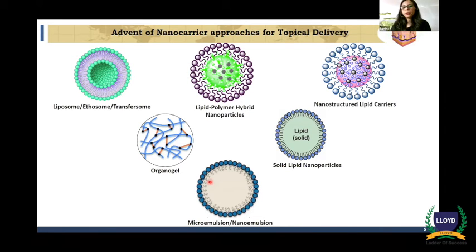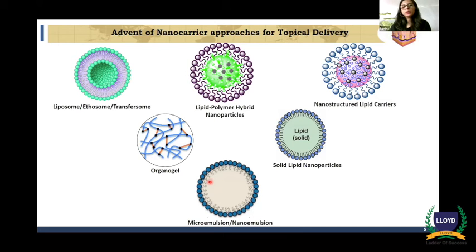We can see a number of products available in the market, including some vitamin C formulations as well as antioxidant formulations which are based upon liposome or other vesicular strategies. So this nanocarrier approach has been able to make an impact upon topical delivery, and also to overcome the real challenges associated, including poor permeation as well as retention within the skin layers.